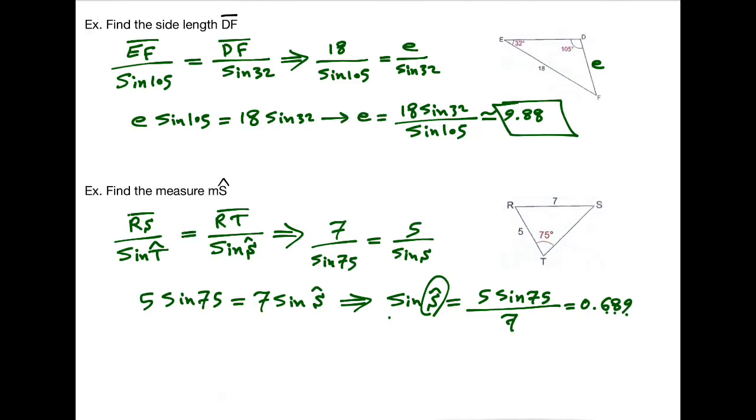Now, if you remember from grade 10, if you have the sine of an angle equal to some number like 0.689, you can recover the angle by inverse operation. So angle S equals sine inverse of this number. We need to take sine inverse of 0.689, which is about 43.6 degrees.